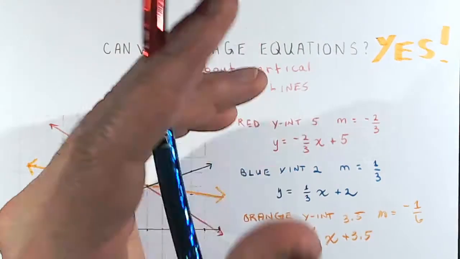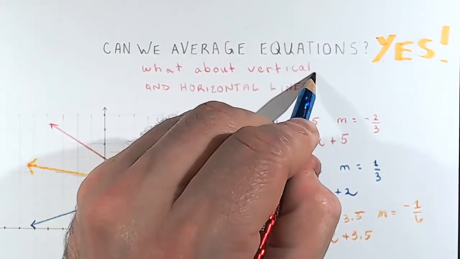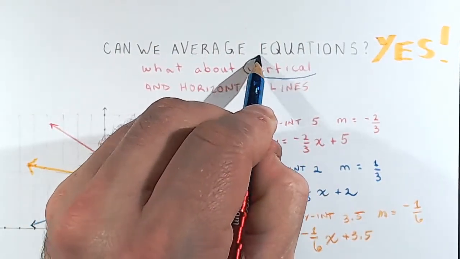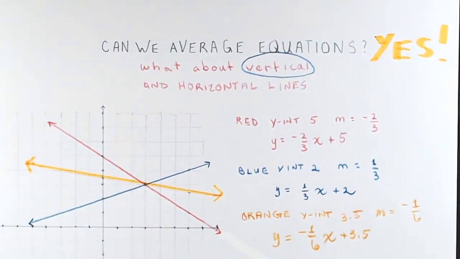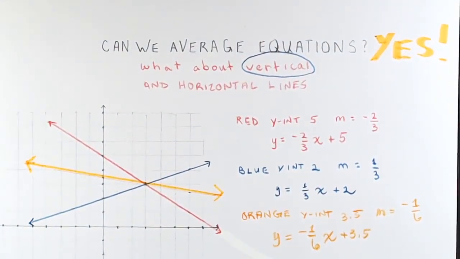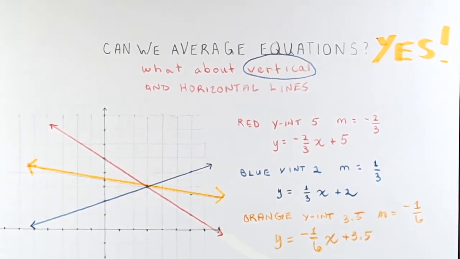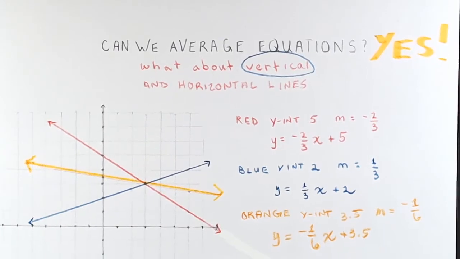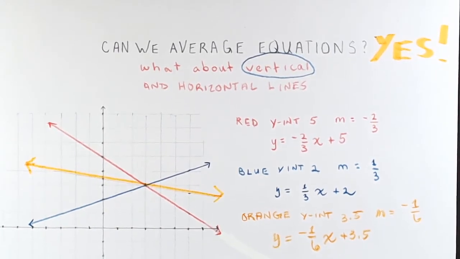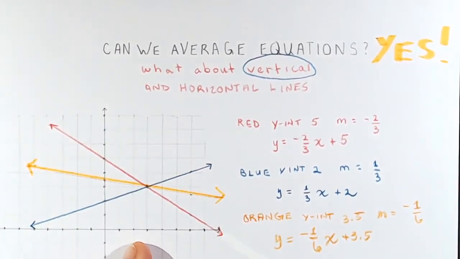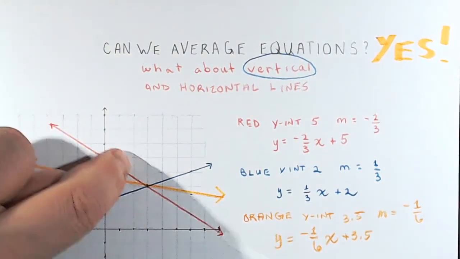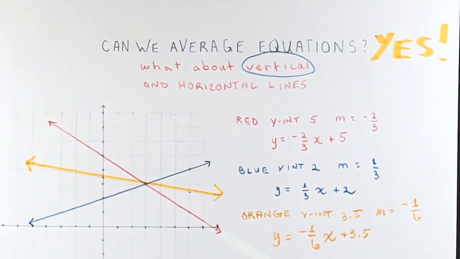Especially vertical lines. If one of your equations was vertical, it would not have a slope. So you could not average the slopes because the slope would be undefined. So how would you do that? If one of the lines was vertical and then you had another one here, you'd want to draw some average line.